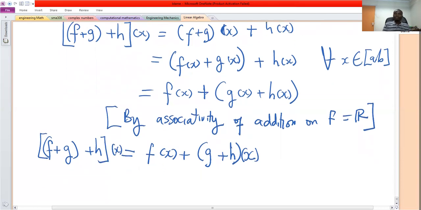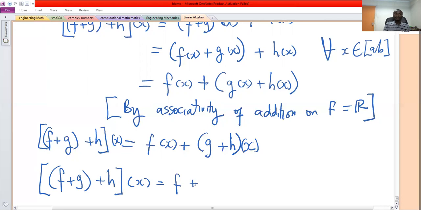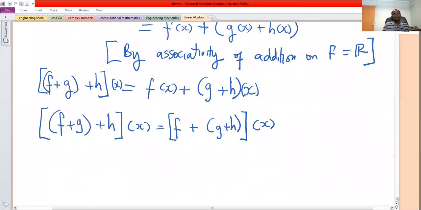So from the right hand side in this step, we can easily see that f plus g plus h of x is f plus g plus h, and then I put of x outside. Now, what does this one tell us?